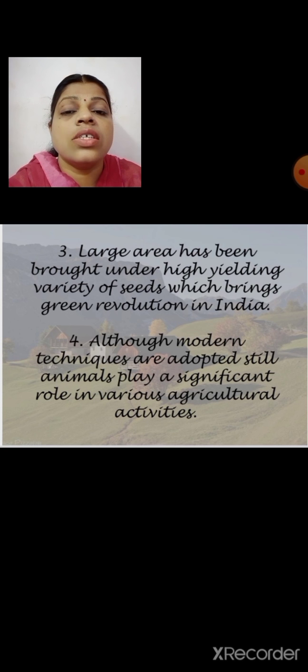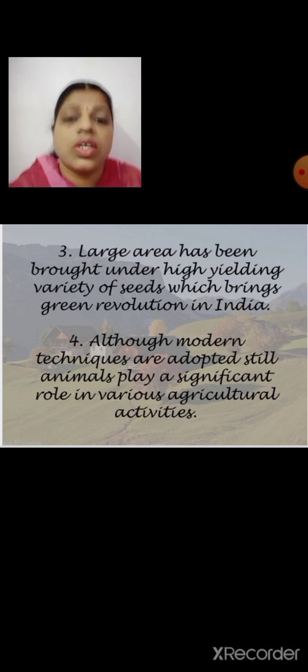The next one is, although modern techniques are adopted, still animals play a significant role in various agricultural activities. So children, I told you about the modernization of agriculture. What does modernization of agriculture mean?